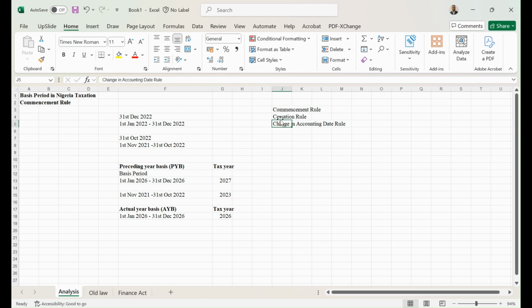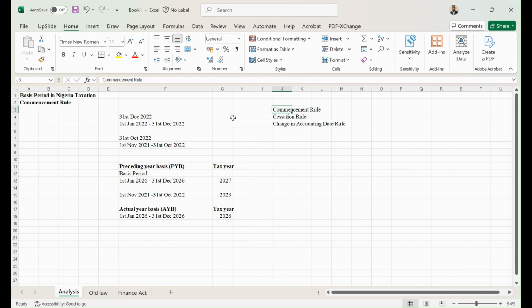So going forward, we start this particular series to explain how to solve the commencement rule. But for you to appreciate what the new law, which is the Finance Act 2019, has done, we are going to be exploring the questions under the old law, and when we understand how the old law treats it, we'll then move on to the new law, which is the Finance Act. So starting with the old law.